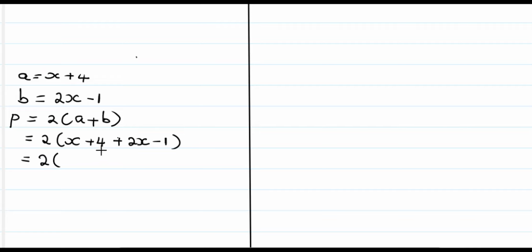I group the like terms together here, so it will be x plus 2x, then plus 4 minus this 1 here, like that. So now it becomes twice into x plus 2x is 3x, then plus this 4 minus 1 is just 3, like that.